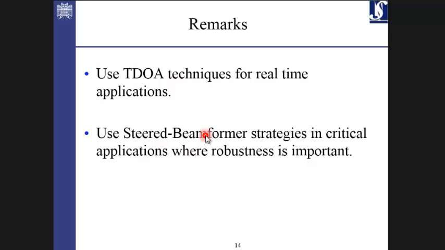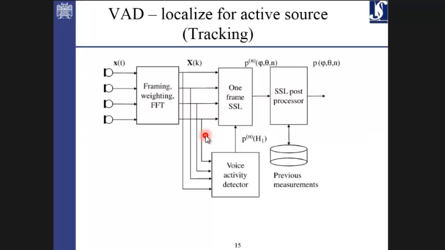But because it's a greedy algorithm and it looks for every single center inside the room in that grid, it might take a while and computationally it's not that efficient. It depends on your processor, but TDOA based methods are always faster. And if the precision is important for you, it's better to go to the SRP method.